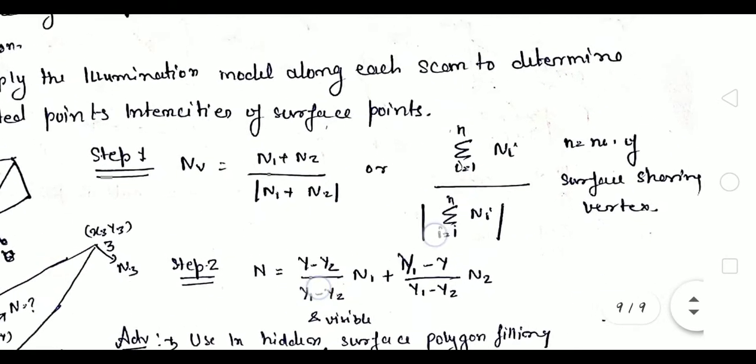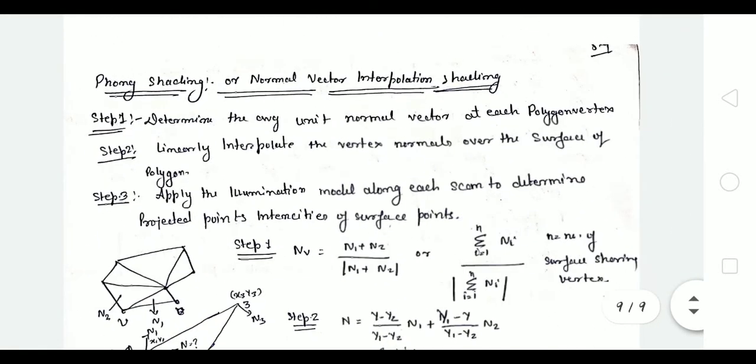I forgot to tell you about Phong shading. Why are we using Phong shading? Because of shining surfaces. When light from a light source comes onto a shining surface, you can see there is one point where the light intensity is very high, so one white spot appears. For that white spot we have to find the value of intensity.